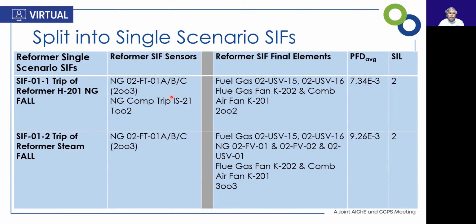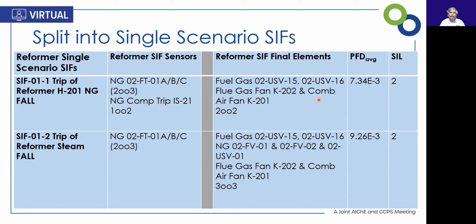And the answer is we've got to get the heat out of the reformer. So we closed the fuel gas USVs, shutdown valves. We have 2 of those. We tripped the flue gas fan and we tripped the combustion air fan. So we take the fuel and the air out of the furnace.